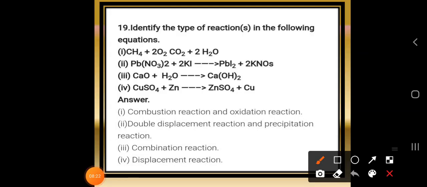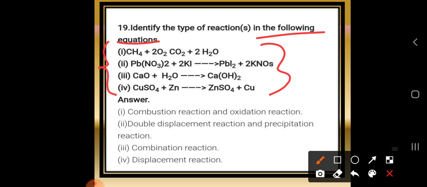Identify the type of reaction in the following equations. Totally 4 equations have been given here. Sometimes the question can be asked for 4 marks, that which type of reaction is going on here. First, CH4 plus 2O2 gives CO2 plus 2H2O.